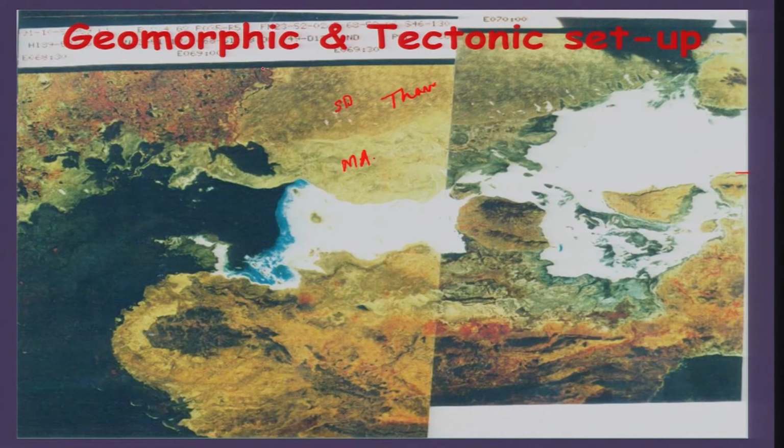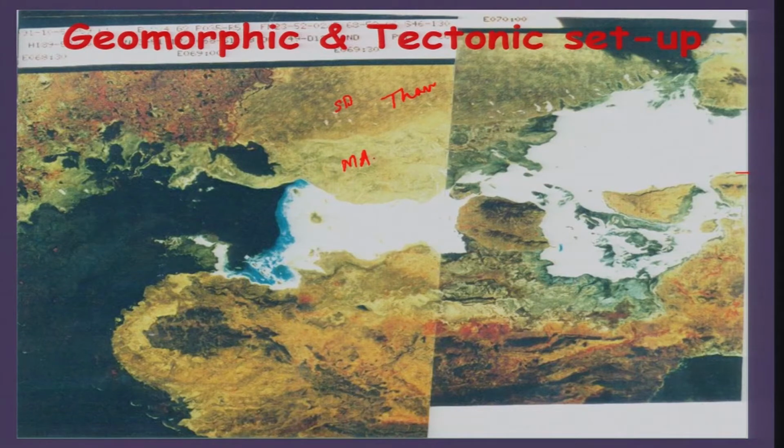And there is a stream here, where I am putting the pointer, which is appearing slightly darker than the surrounding region, showing a divide between the Thar sand dunes and again a red toned area, which is a vegetated region, and this is in Pakistan.